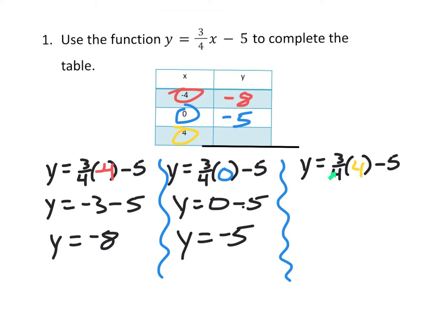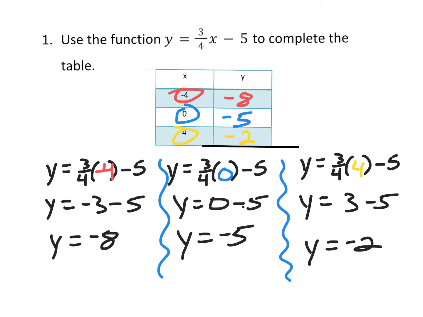But if we do 3/4 times 4, we're going to end up with 3. So now our function or our equation is going to say y equals 3 minus 5. And 3 minus 5 is -2. So when we input a 4, the output is -2.